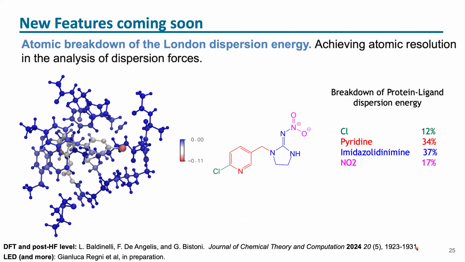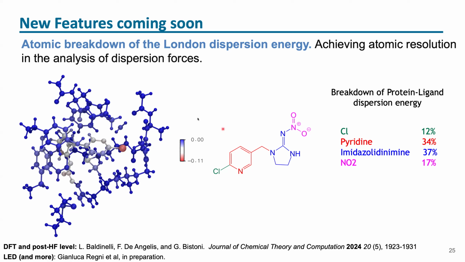So in general, this approach allows us to quantify not only the contribution of dispersion from individual fragment pairs, as it is currently done in the LED scheme, but with this atomic decomposition, we can quantify for the first time the contribution from individual atoms within the fragment.